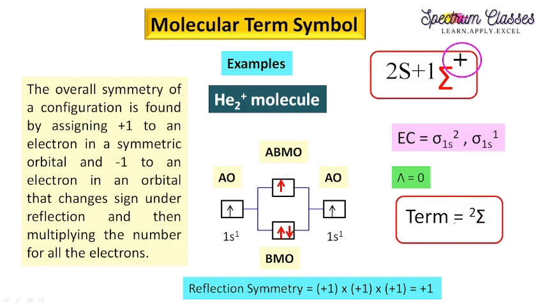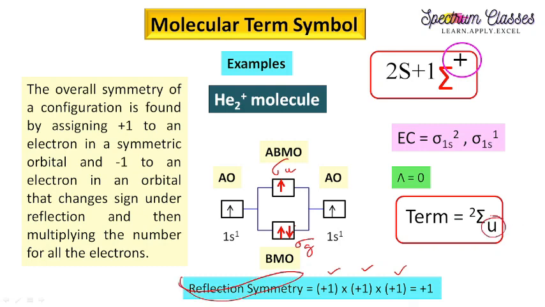Now writing the inversion symmetry. For sigma orbitals, we have plus gerade. These are gerade and these are ungerade. So the inversion symmetry will be ungerade for this electron. What about the reflection symmetry? We have 3 electrons, so we have plus 1, plus 1, plus 1. Why plus 1? Because in a sigma orbital, all the electrons have plus 1 symmetry about the reflection.